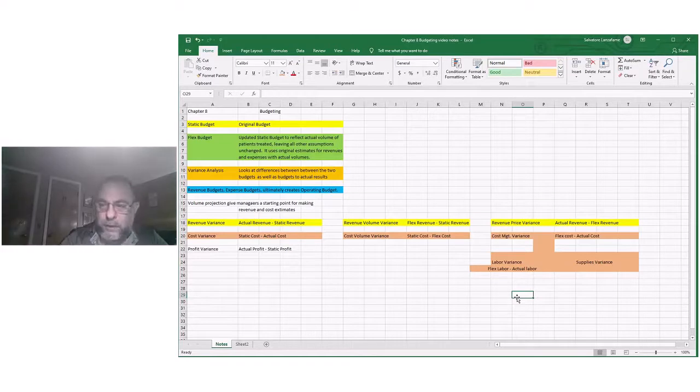So flex supplies cost minus your actual. Keep pressing the wrong button here. There we go.